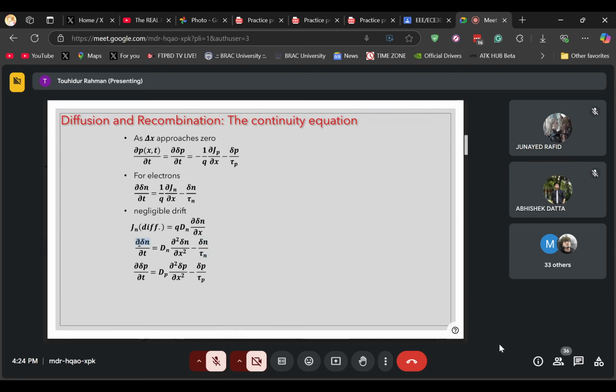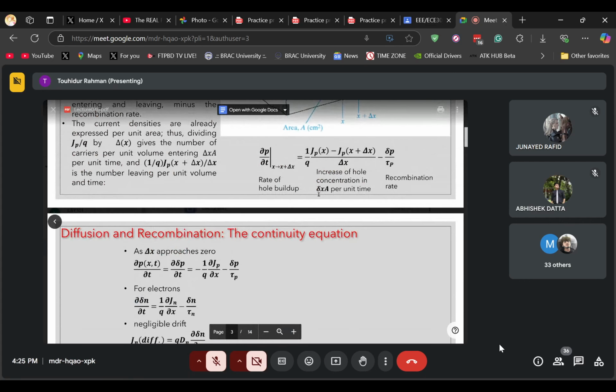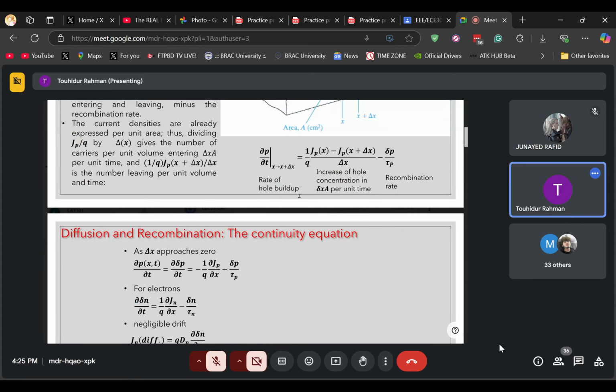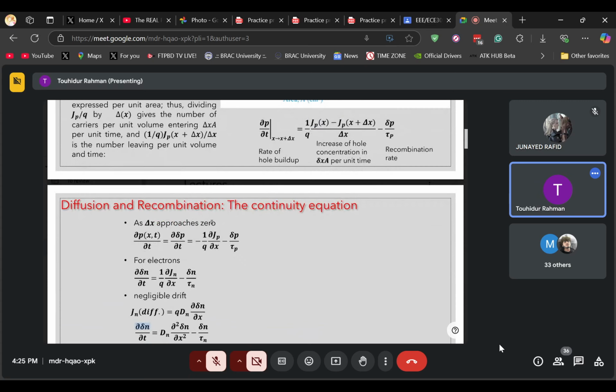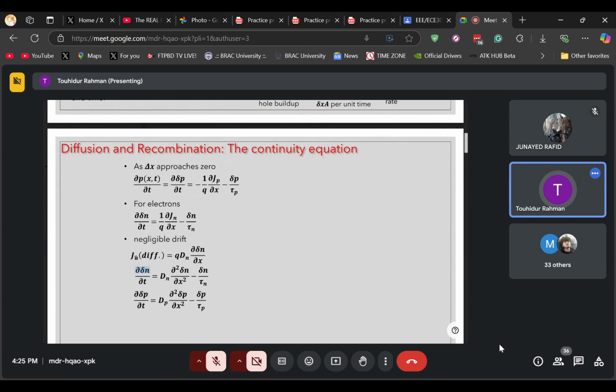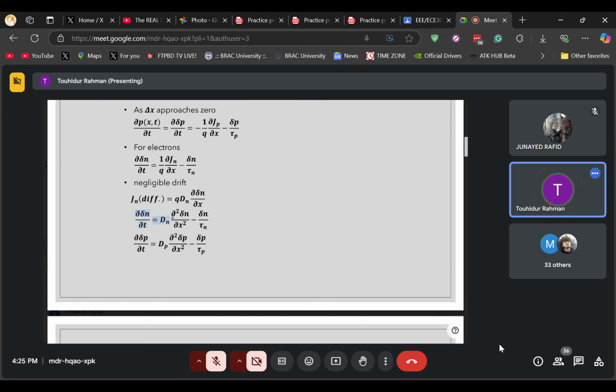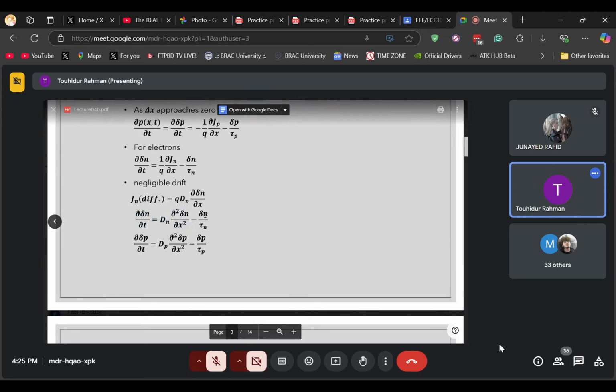Anyway, let's move on. Considering all the current as diffusion current, we came up with this expression where we combine diffusion and recombination together.